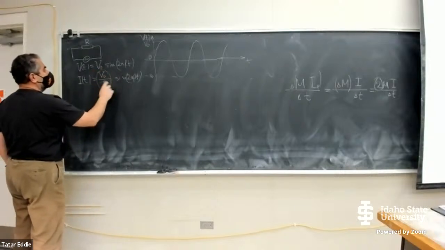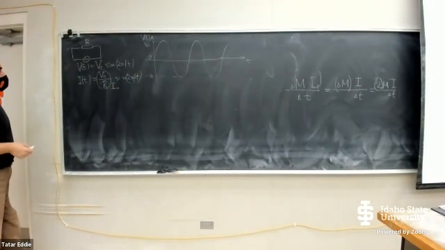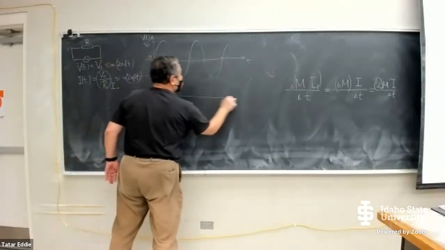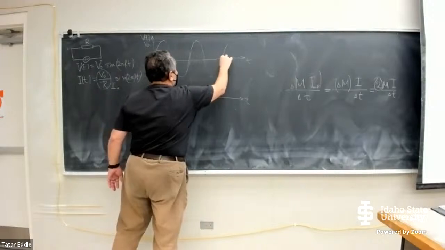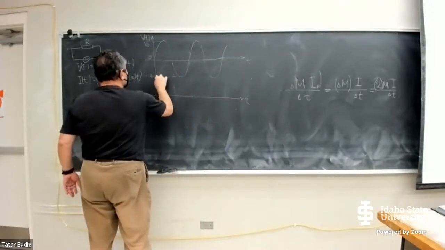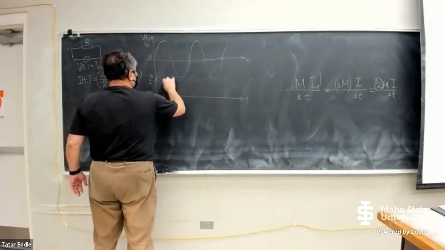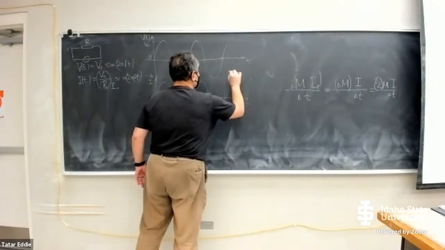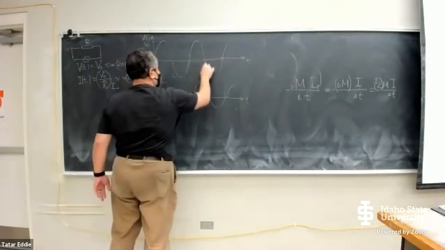Usually V naught divided by R is what we call I naught. And therefore, you can draw in a similar way the current at any moment of time. The current is going to be like this. It's going to be exactly in sync with the voltage.